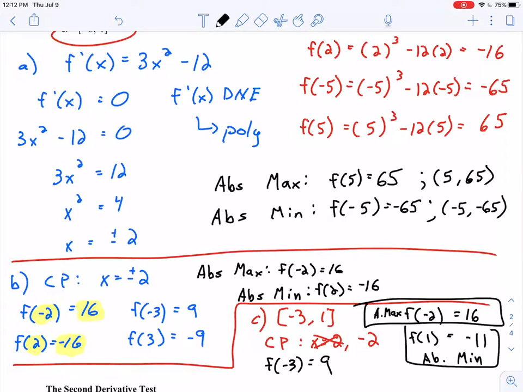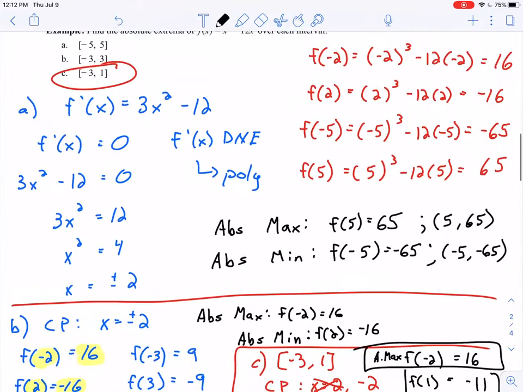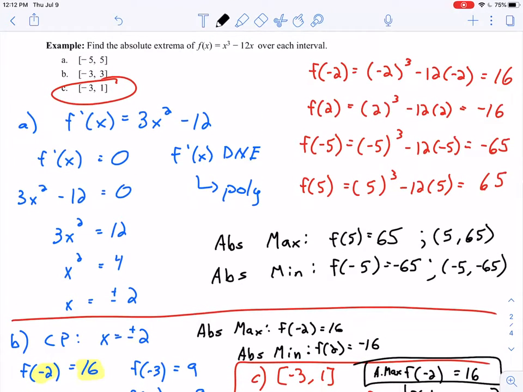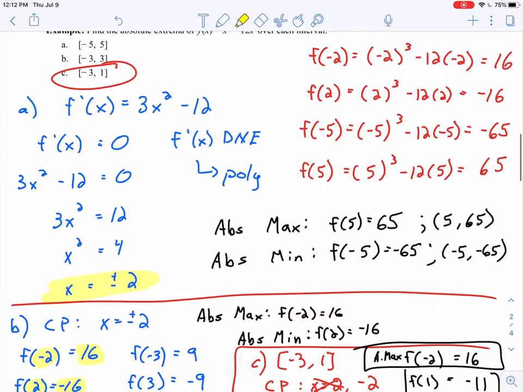So be careful. It's something I kind of glossed over here at the beginning, but be careful that when you find your critical points, make sure that they fall within your interval. All of the other intervals that we worked with in A and B, negative 2 and positive 2, those were both in those intervals.